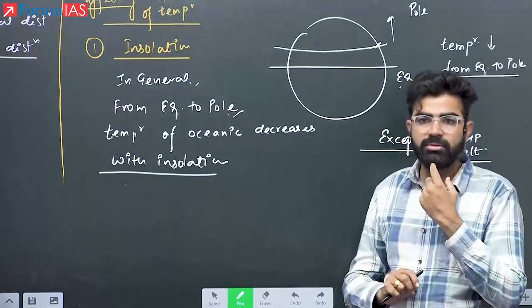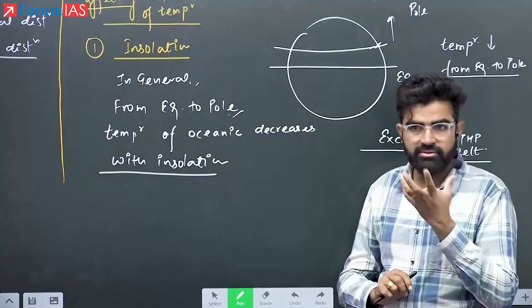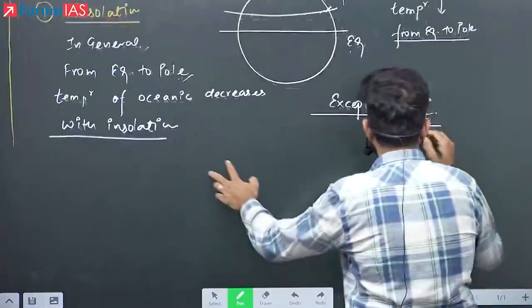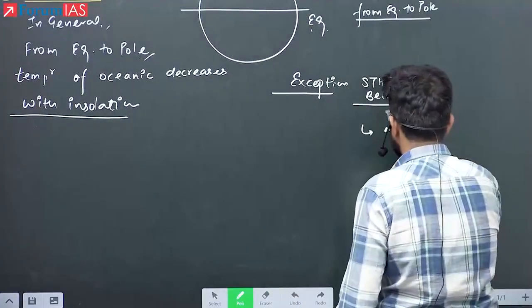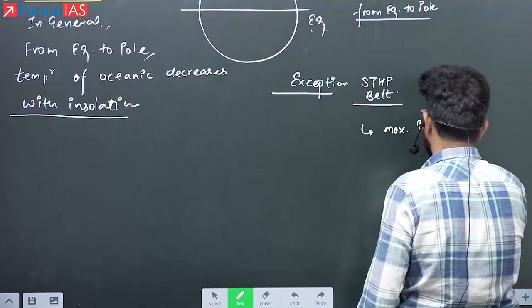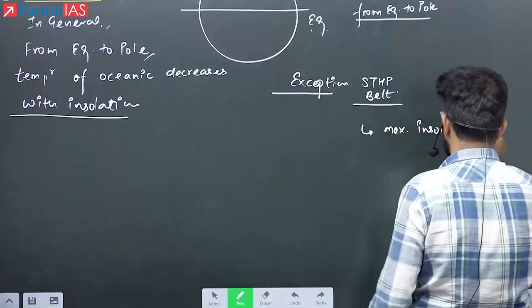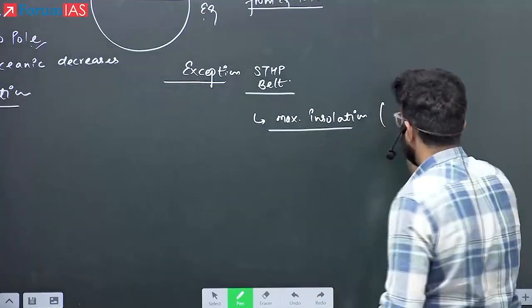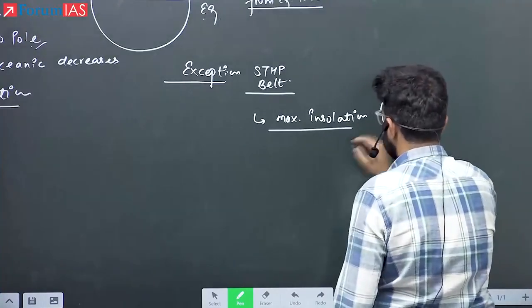Did I discuss the formation of hot deserts? The 5-6 factors we have discussed now. So write down, in the STHP belt, because of maximum insolation. I am now writing in short because we have already discussed all these factors. So maximum insolation reaches here.